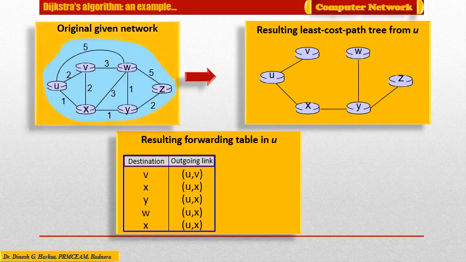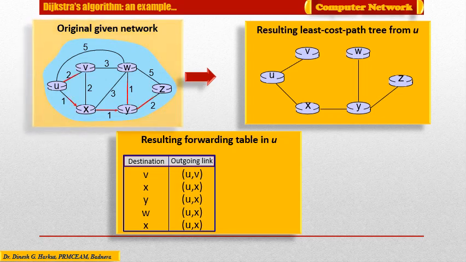This is the given graph initially. At the end of the link state algorithm, we know the least cost path for each other node from the source node. We have already seen this in our earlier discussion.